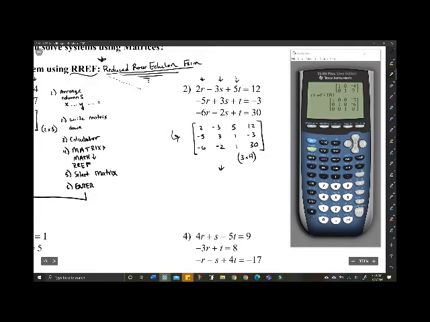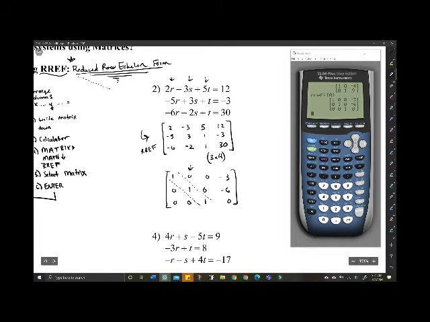So when we use RREF, we get 1, 0, 0, -3, 0, 1, 0, -6, 0, 0, 1, 0. These ones along the main diagonal, that is key, and then you want zeros everywhere else.